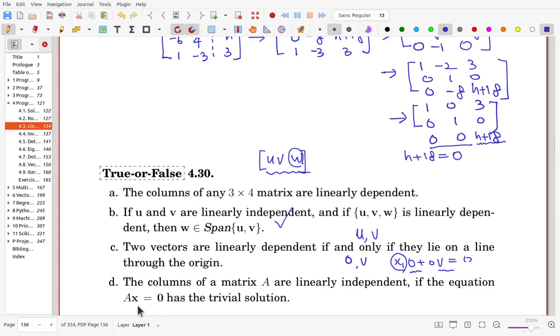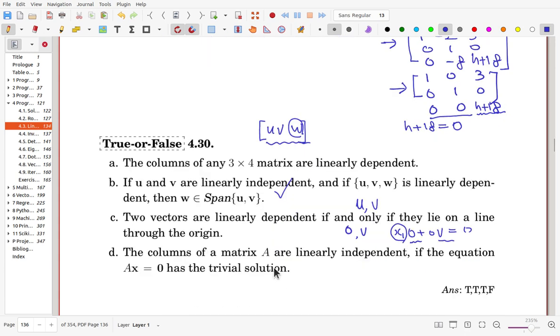Here you have to say that the equation has only the trivial solution. If you put 'only' here, then it is true. But it always has the trivial solution. And if it can have some other, non-trivial solutions, then the columns of the matrix cannot be linearly independent. So the statement is false.